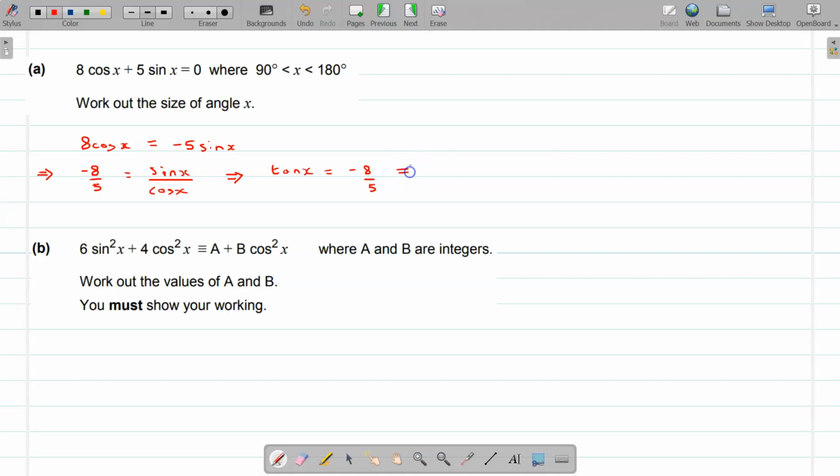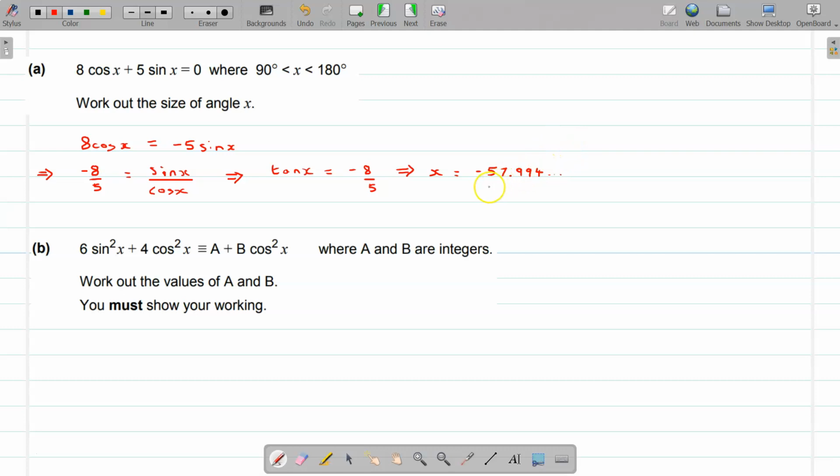And that implies that x equals, if you put that on the calculator, it will come out to give you negative 57.99, etc. Okay, I think it's 4.